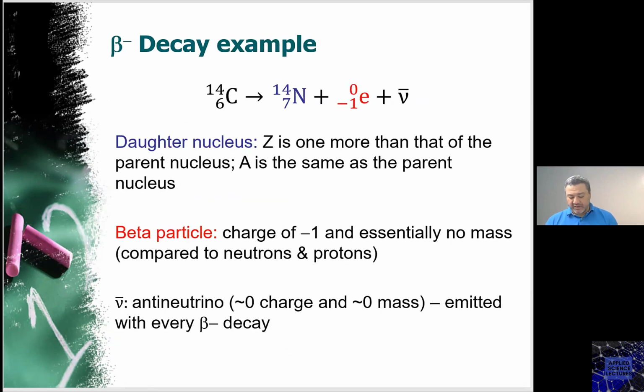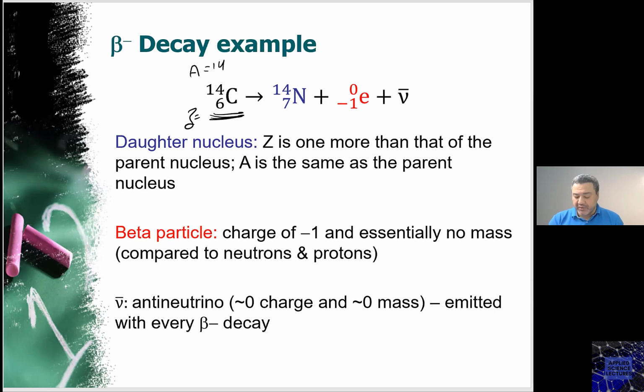So let's look at an example here. In this example, we have C14-6, which means the atomic number is 6 and the mass number is 14. Due to the beta minus decay, my neutron here was replaced.